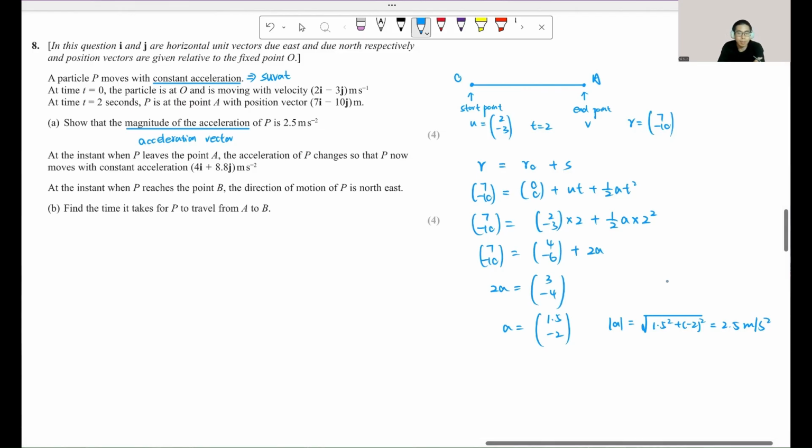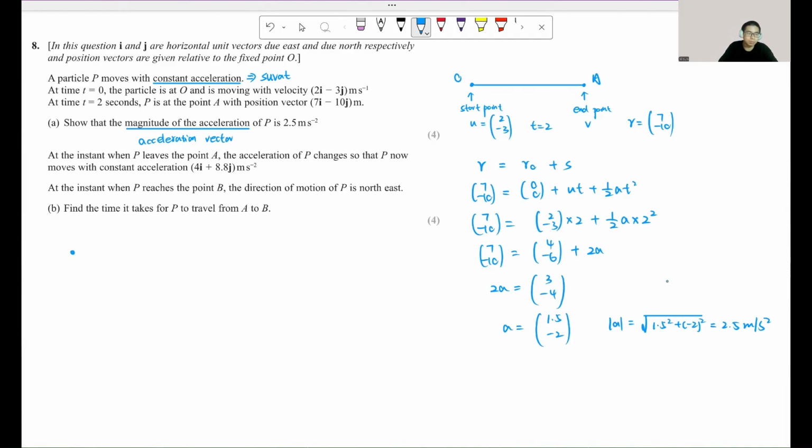Okay, let's have a look at part B. At the instant when P leaves the point A, the acceleration of P changes. So P now moves with constant acceleration 4i plus 8.8j. Because after it leaves A, the acceleration will be different.